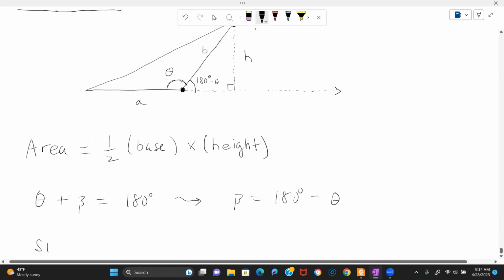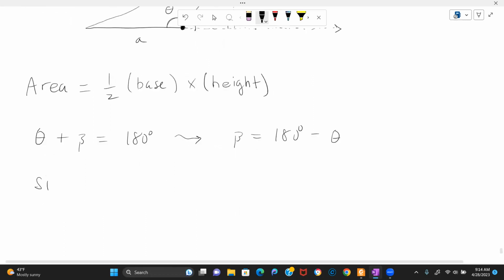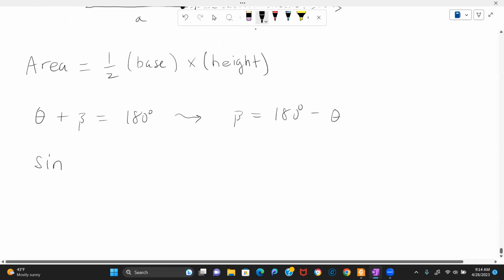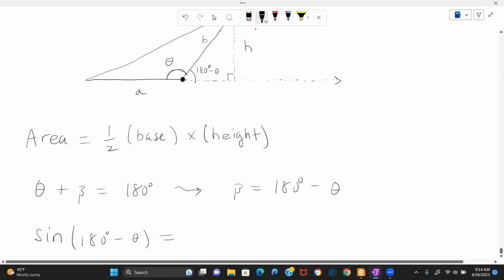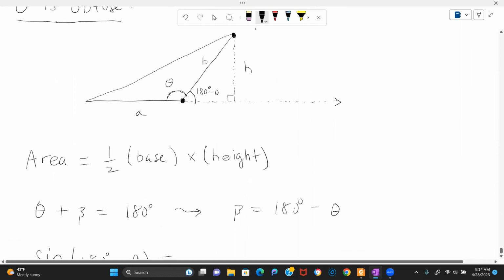The goal is again to write h in terms of what's known: we know a, b, and theta. So sine of 180 degrees minus theta is going to be equal to the opposite, which is h, divided by the hypotenuse. And again, b is going to be our hypotenuse.